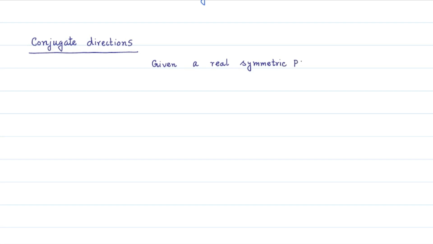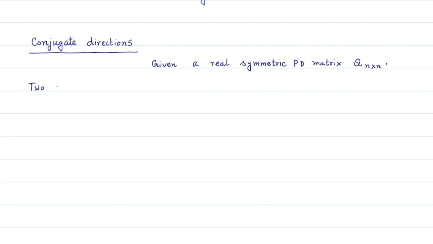At first, let me discuss what we mean by conjugate directions. Conjugate directions are associated with some given positive definite symmetric matrix. Let's suppose we are given a real symmetric positive definite matrix Q of order n by n.